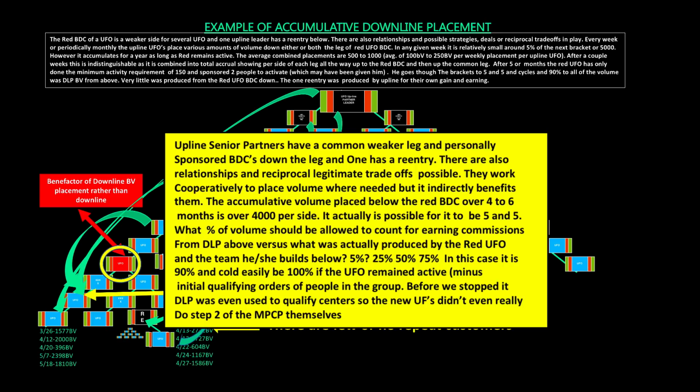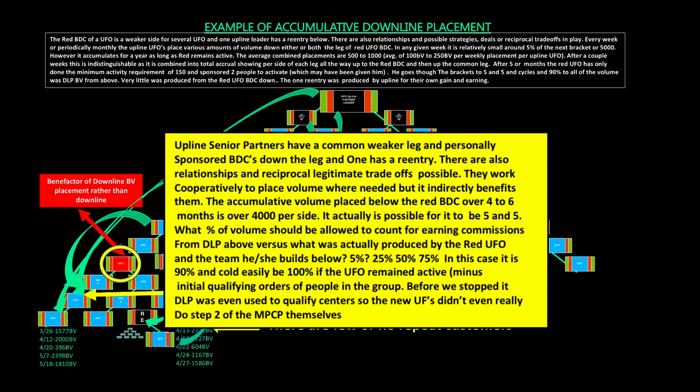So more was done in the volume for that red center by upline placing BV downline than was generated by that red BDC's own production and the people that they brought in below them, their team.